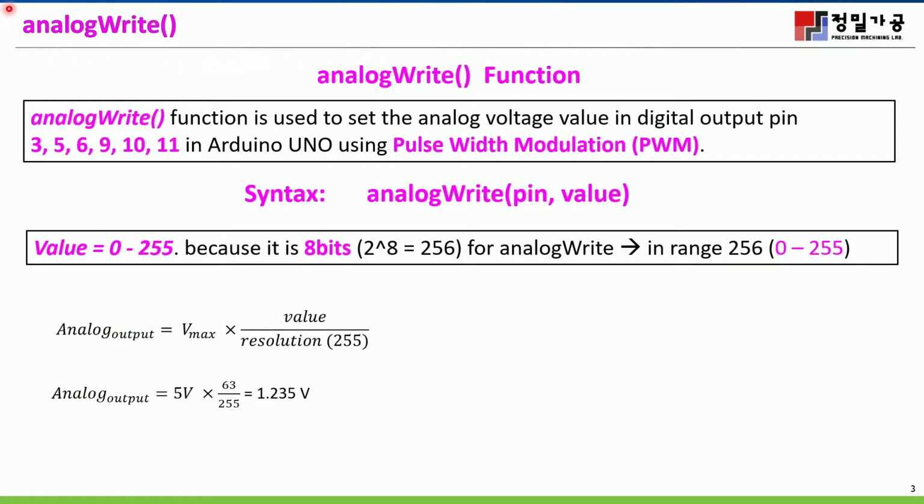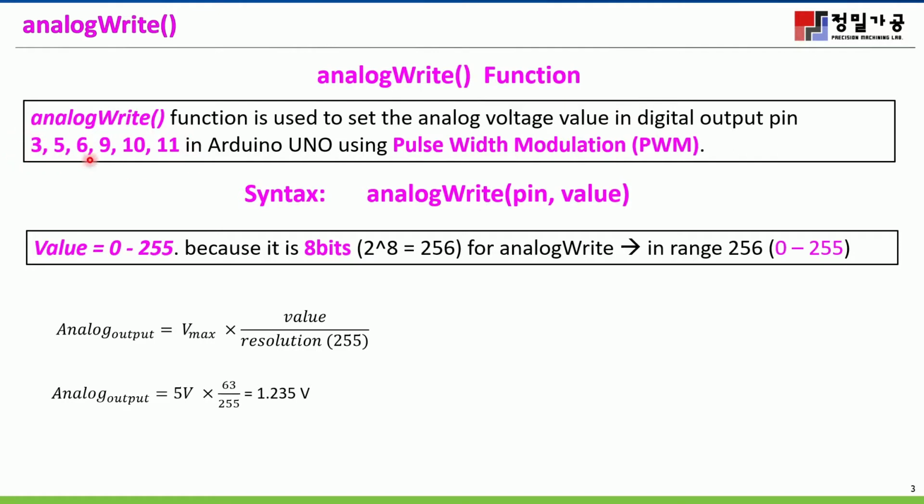In this lecture, our topic is the analogWrite function. analogWrite is basically used to set the analog voltage output value on a digital output pin.